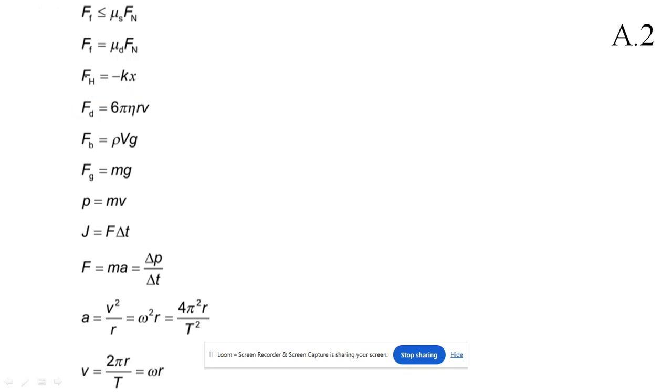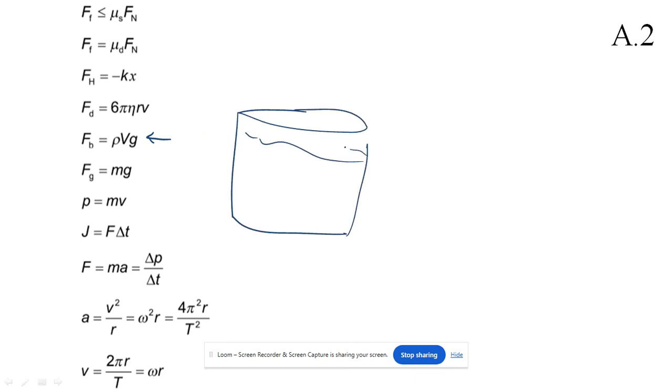This guy here, this is the buoyant force. Okay. So if I have a liquid here, and I've got it's always a beaker or something, right? If I have some object in here, doesn't matter what shape it is, right? Okay. The density of the fluid, the volume that the object displaces.